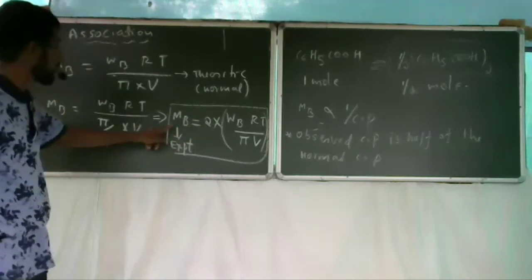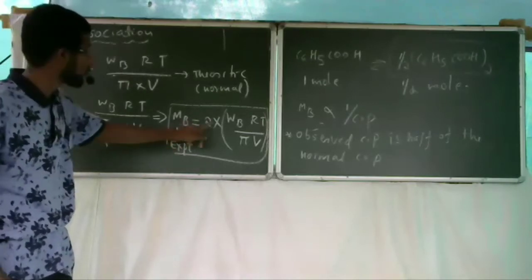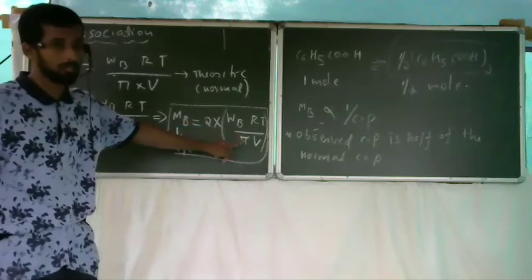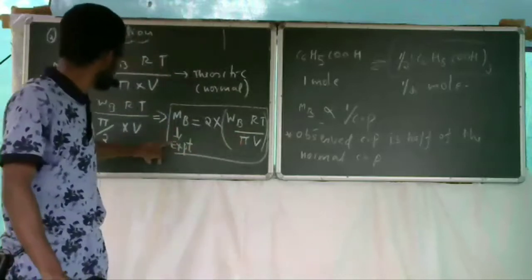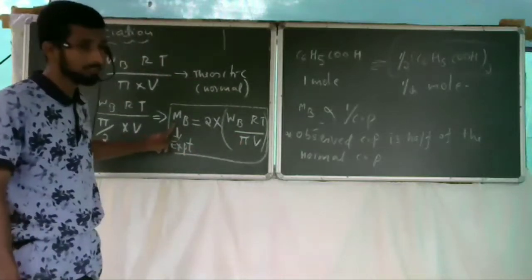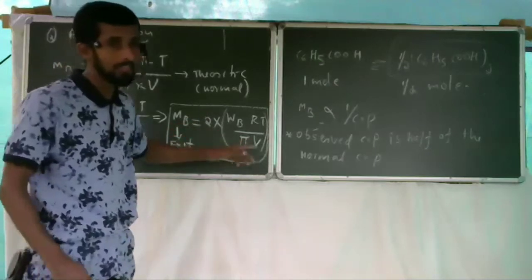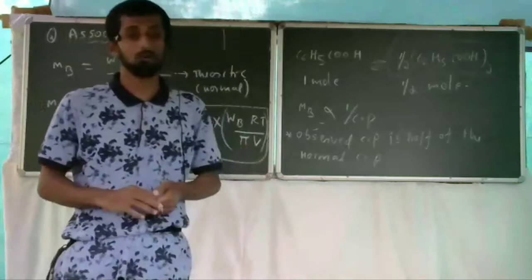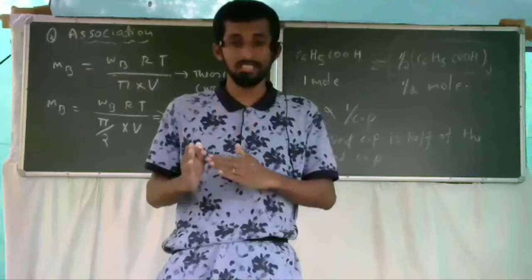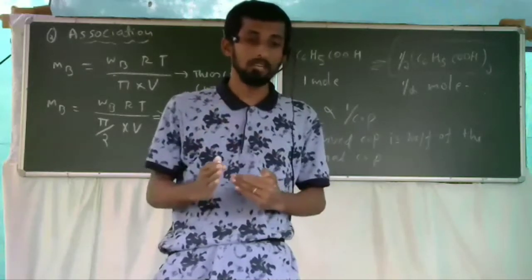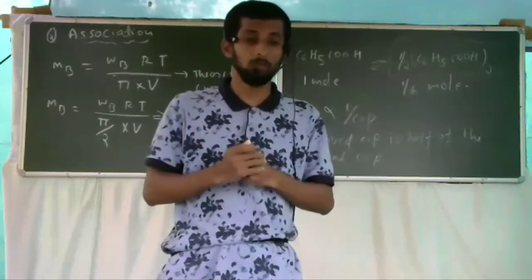So experimentally calculated molar mass using colligative property osmotic pressure is twice the normal molar mass. For benzoic acid, experimentally calculated molar mass is equal to twice the normal molar mass. Suppose any solid undergoes association, then the observed molar mass is always higher than the normal molar mass.